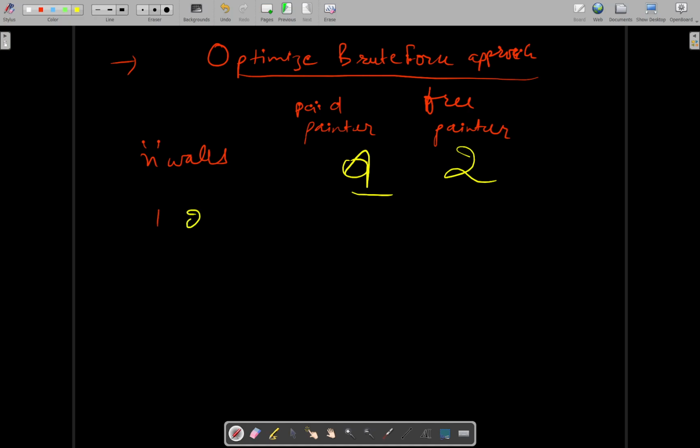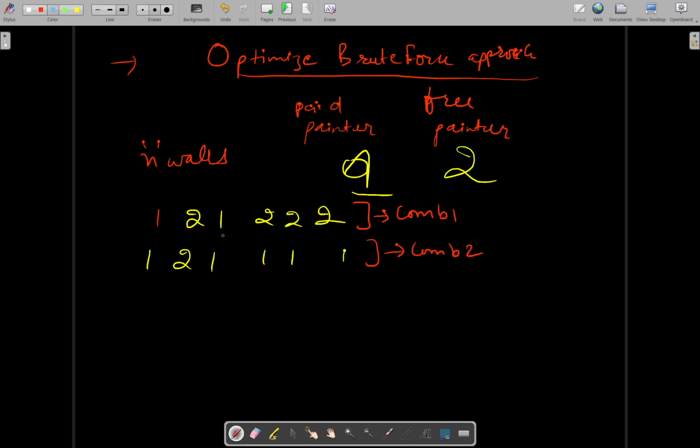So there can be a sequence like this: 1 2 1 2 2. And there can be another sequence like this: 1 2 1 1 1. Let's call this combination 1 and this combination 2.